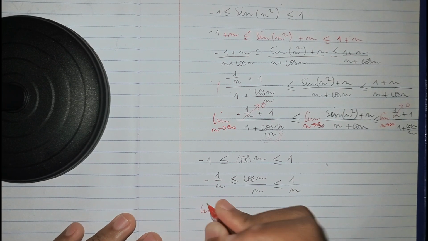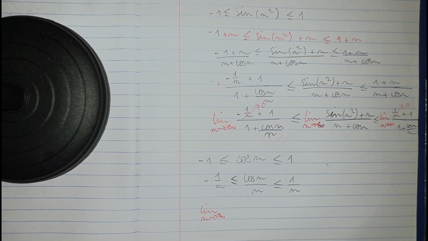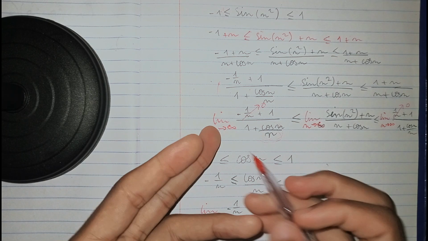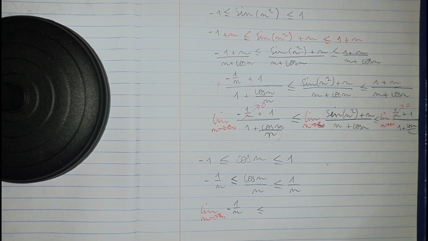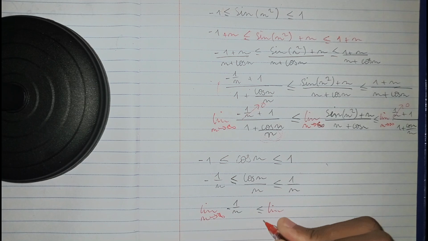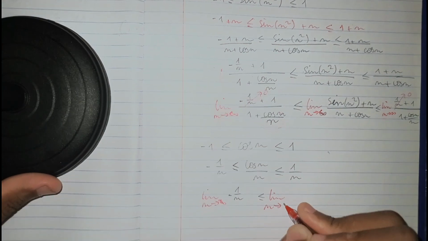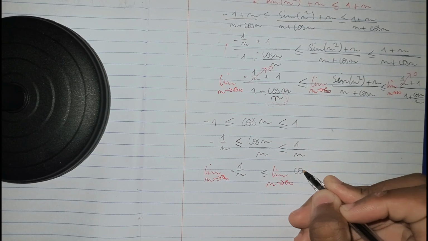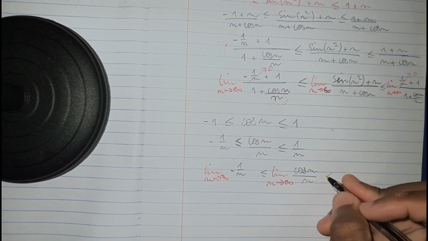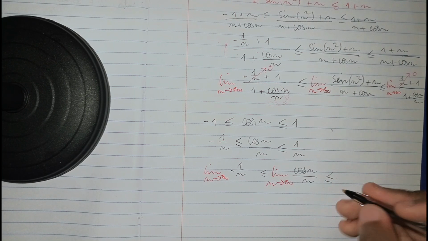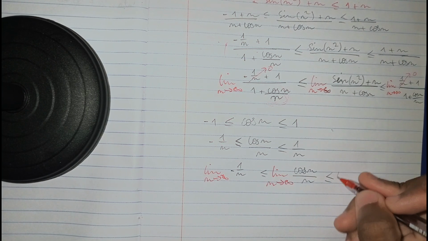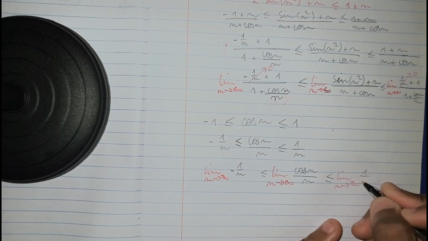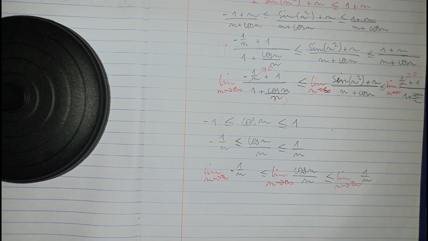Now we can plug in the limit when n goes to infinity, minus 1 over n here, because it's what we want, this limit when n goes to infinity. So we get cosine of n divided by n is less or equal to this limit when n goes to infinity of 1 over n.